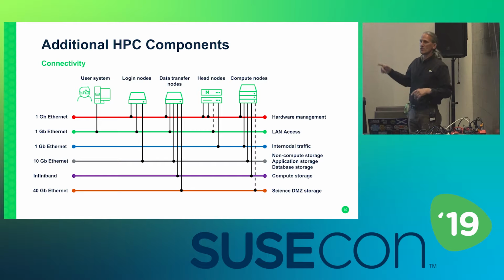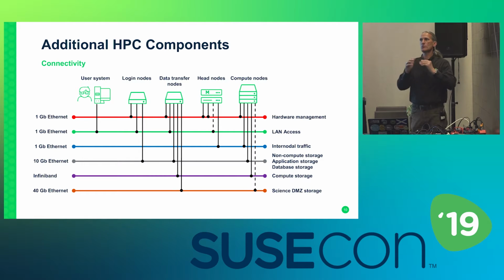So for hardware management, IPMI, iDRAC, iLO, whatever hardware platform you use, you're going to have a dedicated connection for that. Notice the head node has two. And generally what happens there is you have a dedicated IPMI connection for the head node itself, and the head node itself has a dedicated interface on the IPMI network so that you can use it to connect to other IPMI interfaces in the infrastructure.